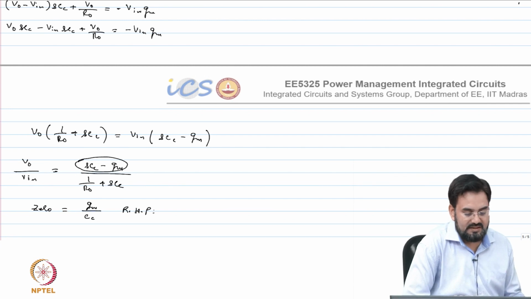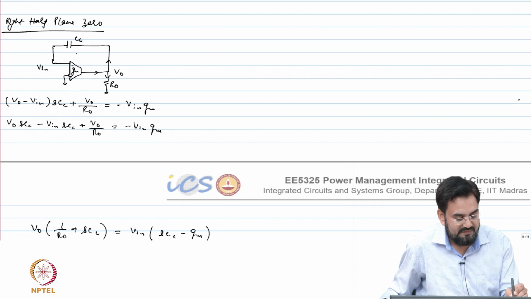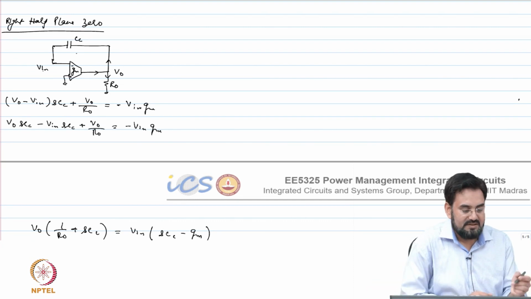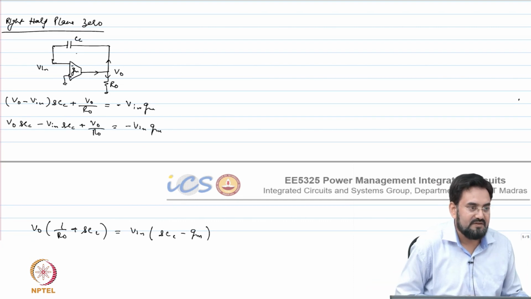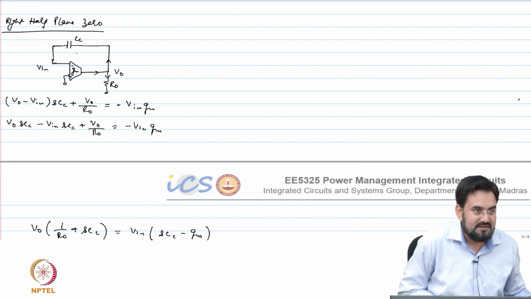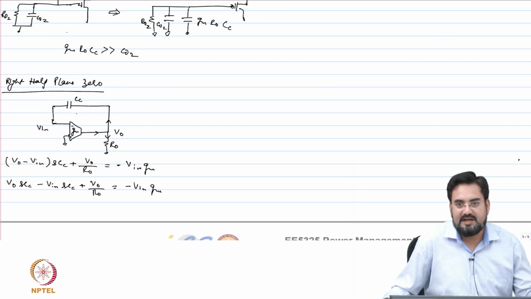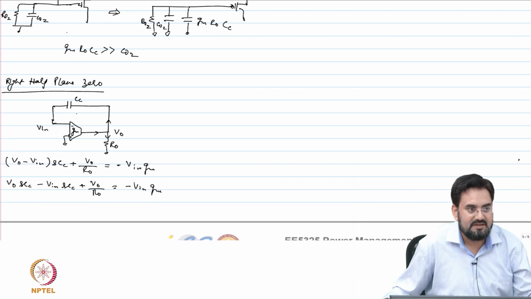I am not interested in the pole because we have modified this transfer function. Actually, when you look at the previous stage, so here what you have, if you take from the previous stage, you will have a capacitor CO2 and you will have RO2 and you will have a current from the previous stage, which is GM times V in.